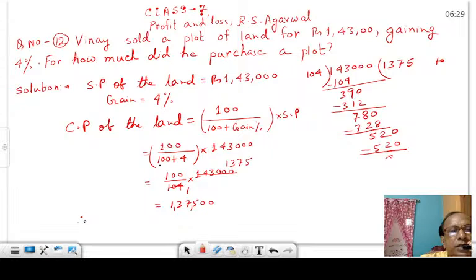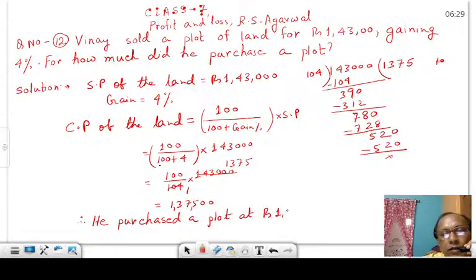Therefore, the answer will be he purchased a plot at rupees 1,37,500.